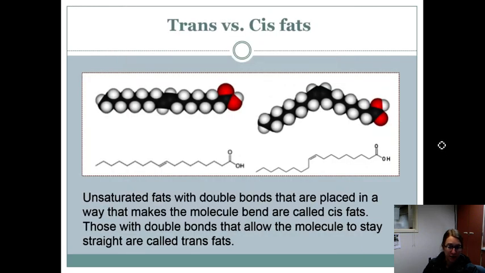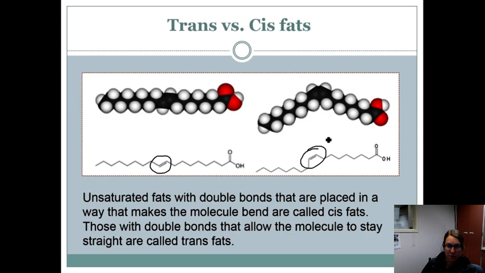There are two kinds of unsaturated fats, cis and trans. And you can see right here that they both have a double bond between the carbons. But in the trans, the double bond does not cause the zigzag to change its general shape, whereas in the cis, the double bond makes it bend.